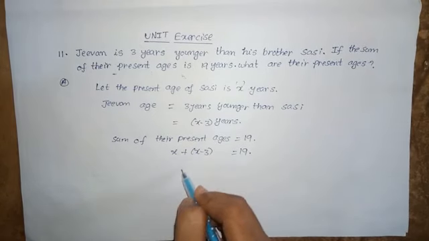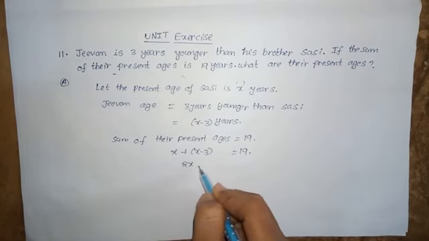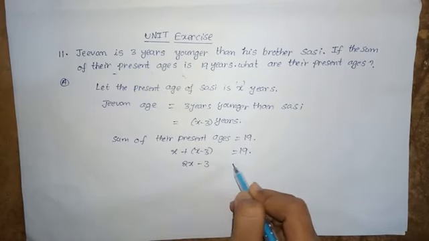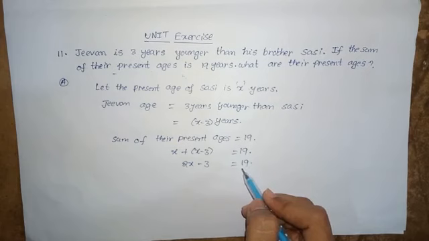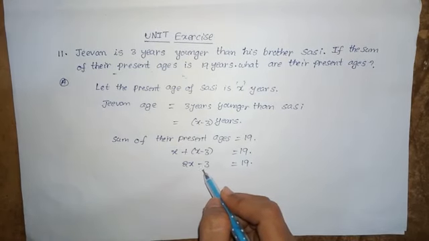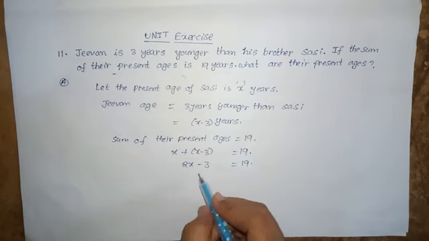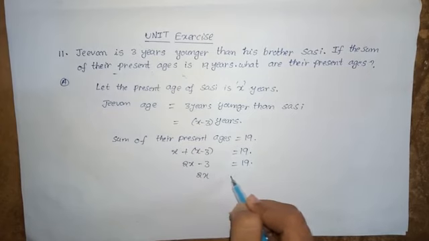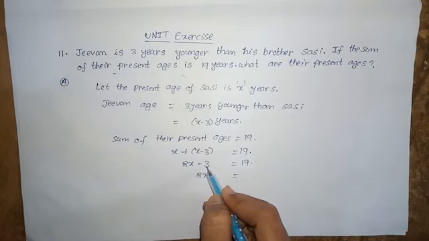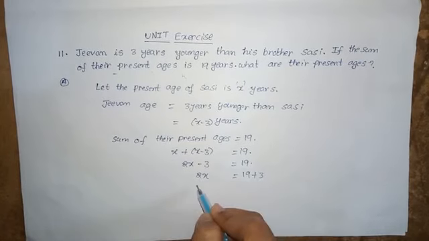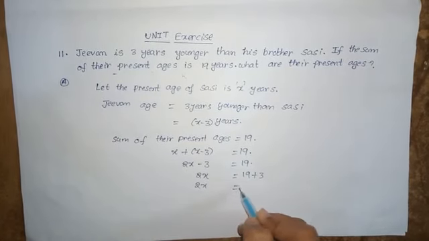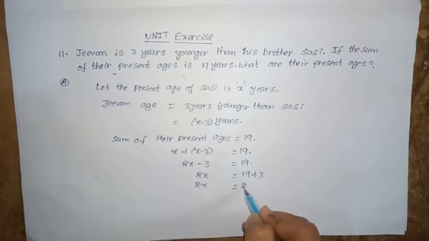So x plus x becomes 2x minus 3 is equal to 19. So this is a simple equation. Find the x value. So from this, 2x is equal to 19, minus 3 is moving to the right side, plus 3. So 2x is equal to 19 plus 3 becomes 22.